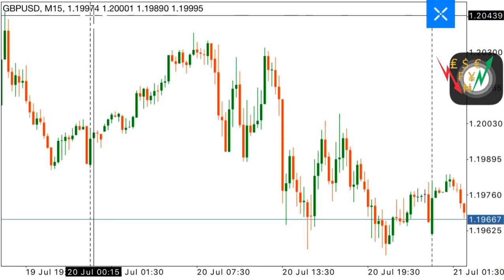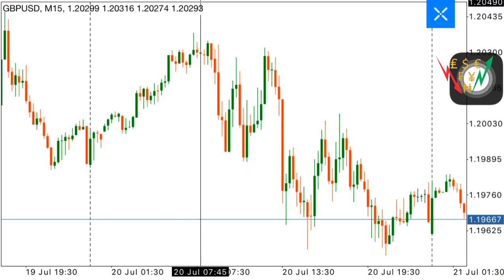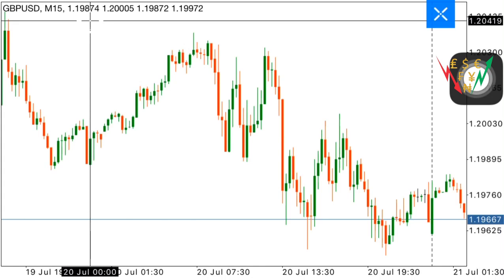Now, the Asian trading session opens today and then it ends by 9 a.m., okay, and then the London session starts by 8 a.m. So we're looking at the 20th.